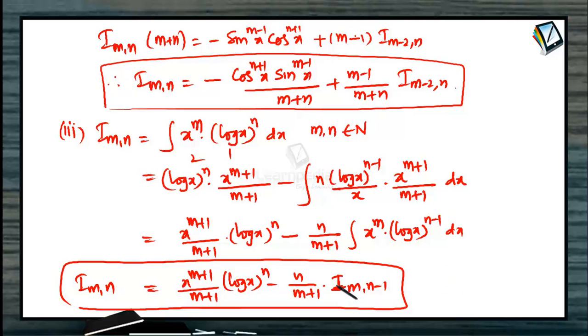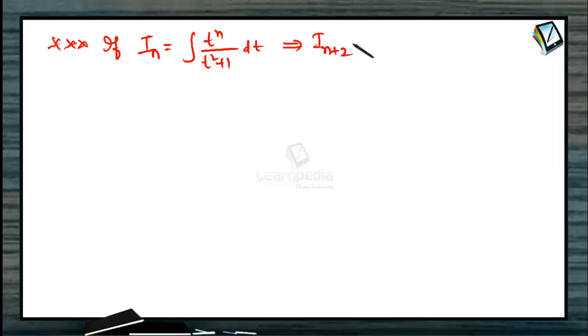Now we have an important note here: if In is an integral like the integral of t^n by (t^2 + 1) dt, then I(n+2) is t^(n+1) by (n+1) minus In. So you are finding its higher order integrals.